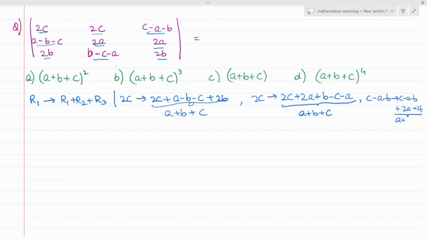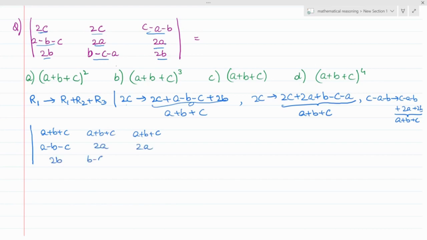This value is also nothing but A plus B plus C. Now, the determinant value becomes A plus B plus C here, also A plus B plus C here, also A plus B plus C here. The remaining two rows will remain as they are.